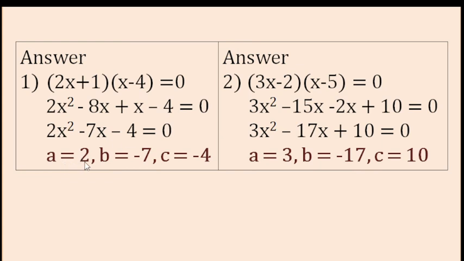And then a is 2, b is negative 7, and c is negative 4. For item number 2, the standard form is 3x squared minus 17x plus 10 equals 0. a equals 3, b equals negative 17, and c equals 10. Did you get all the items right? I hope you did.